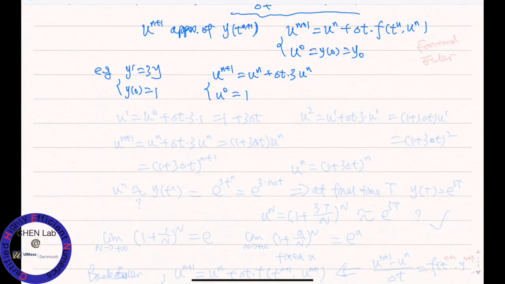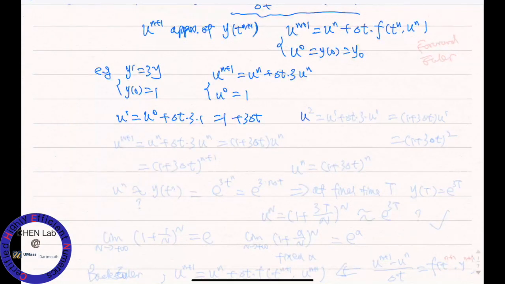Then we can proceed by calculating u1, u2, u3, and so on. The formula gives us an iterative procedure. So u1 is equal to u0 plus delta t times 3 times u0, which is 1 plus 3 delta t.